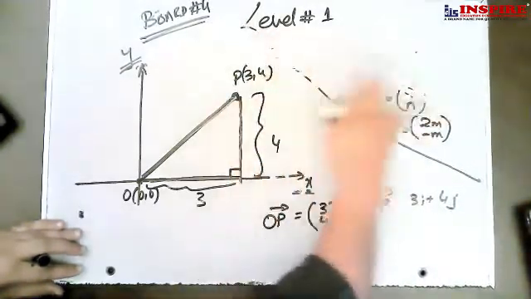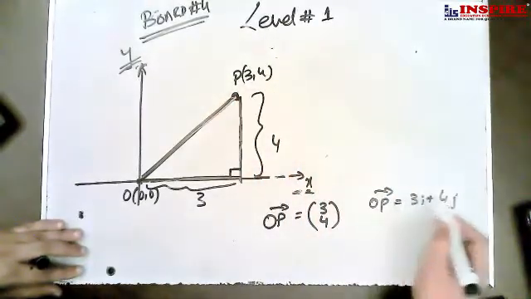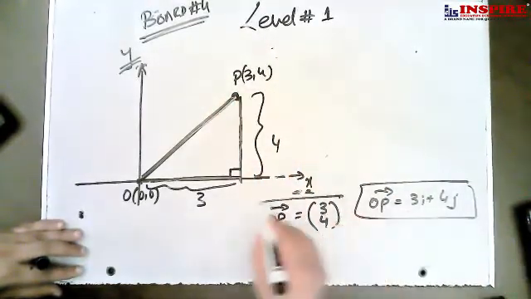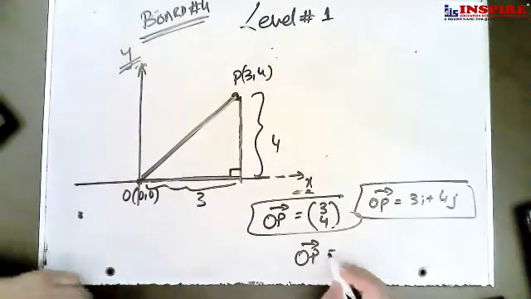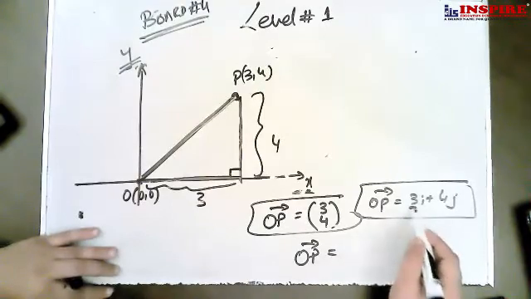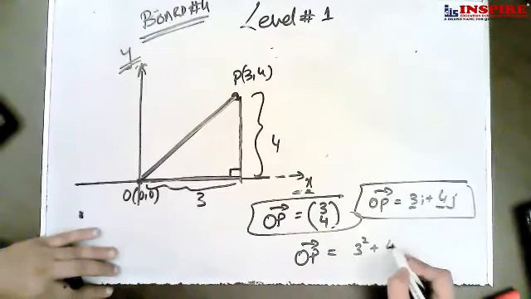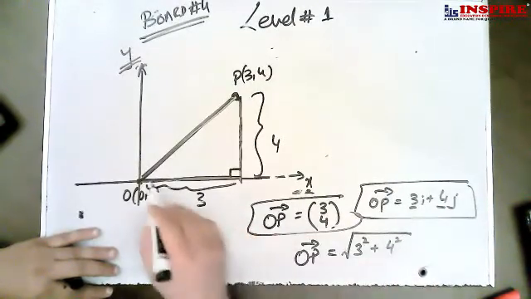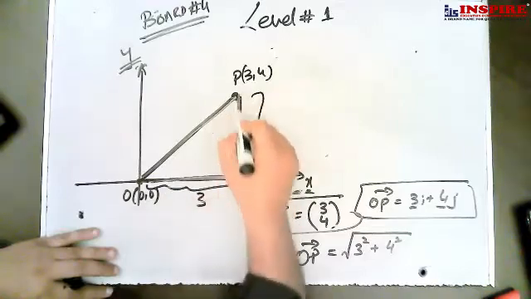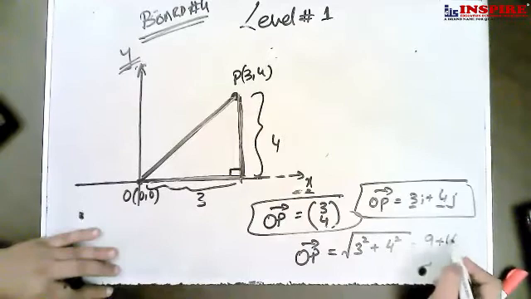I'm removing question number 11 from the scene right now because I want to emphasize this. What's the magnitude of OP? The magnitude of OP will be the root of 3 squared plus 4 squared. That's the root of 9 plus 16.